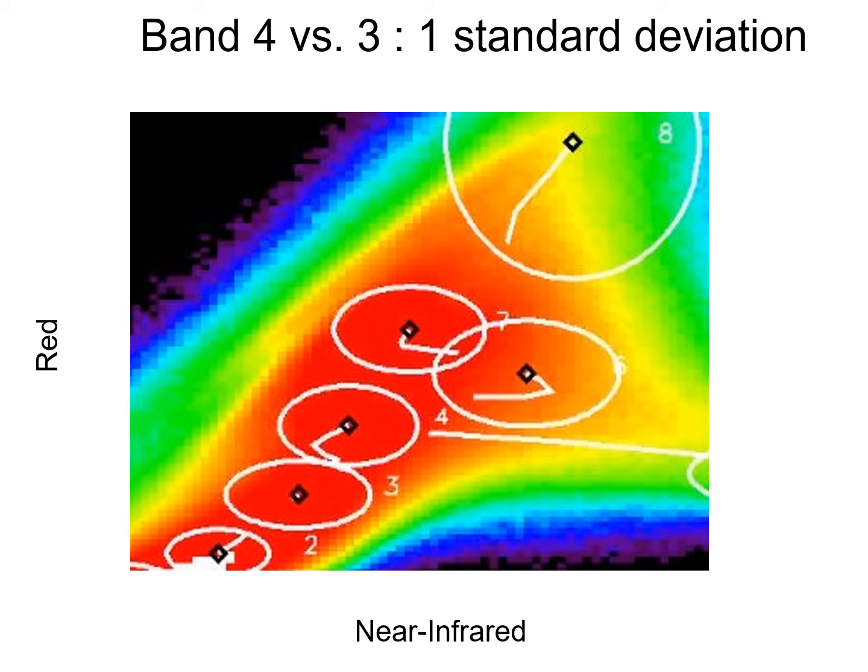And you can see as cluster 5 gets moved out to take the position of high near infrared, low red, cluster 6 kind of gets dragged along with it, as points closer to the center point of cluster 6 become further and further away from the center point of cluster 5.